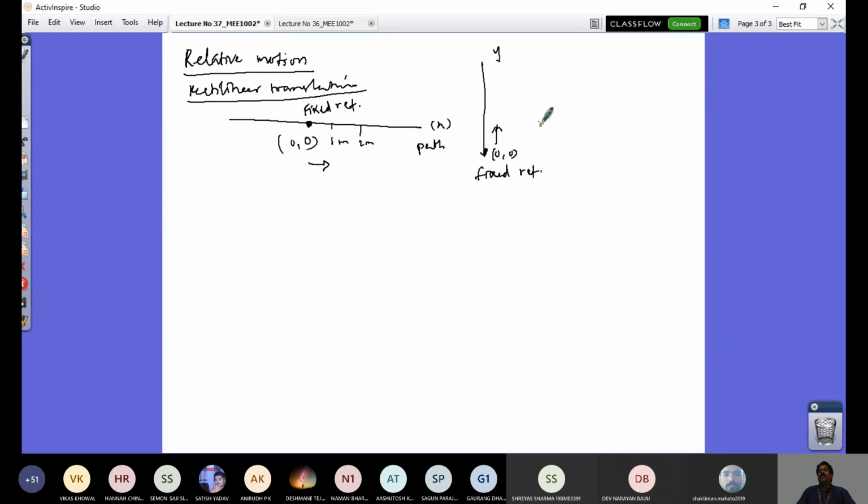So in projectile motion also we have fixed a point A, and then we are looking at its path. So it goes like this, right? So this point is 0, 0, it's fixed. So if we have a fixed reference and you look at an accelerated body, that motion is absolute motion. We know how to handle it.